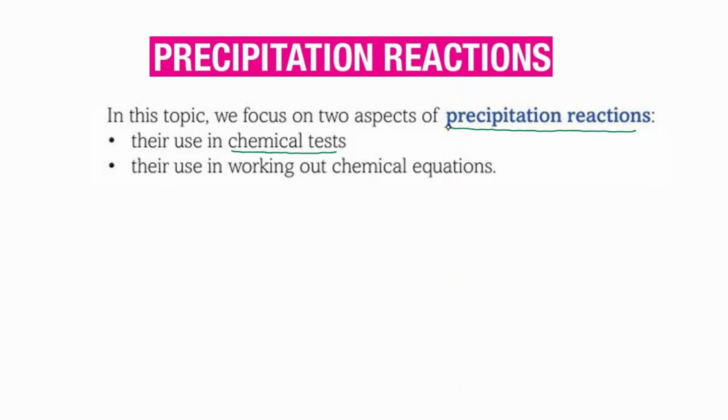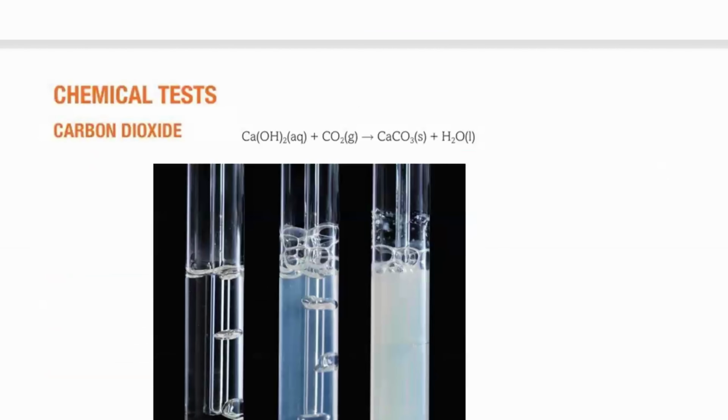Looking at the color of the precipitate, we can identify that this particular ion or this particular compound is being formed, and it is also used to work out the chemical equation. So these are the two applications of the precipitation reaction: number one, for the chemical test, and number two, to work out the chemical equation. Let's see how, one by one.